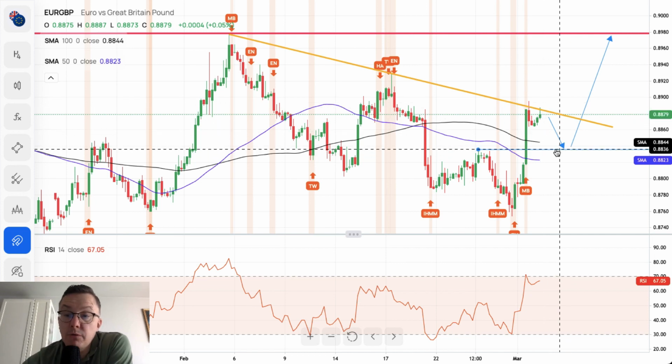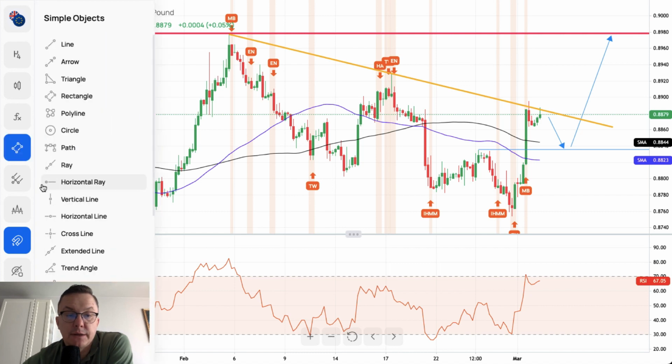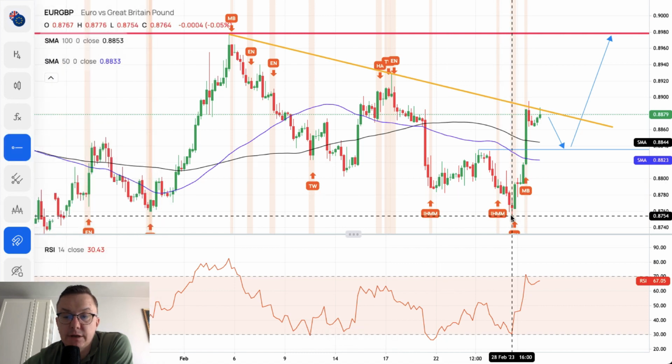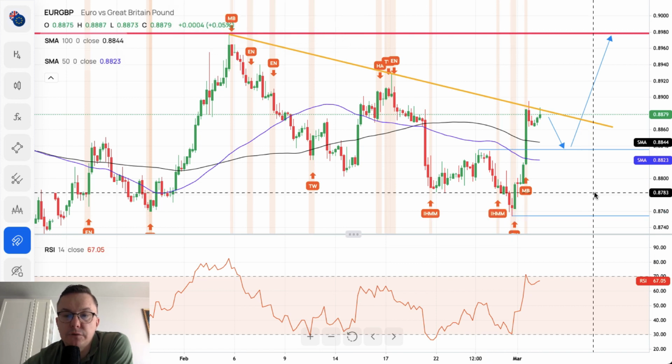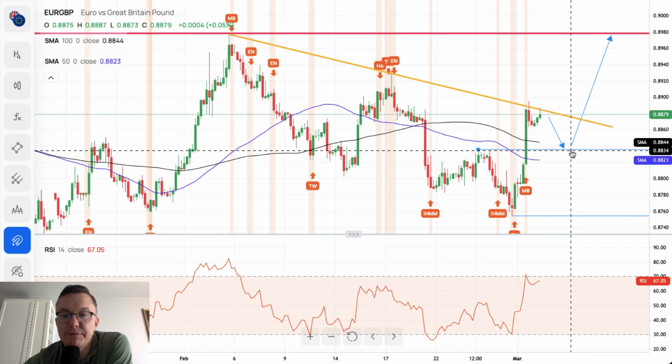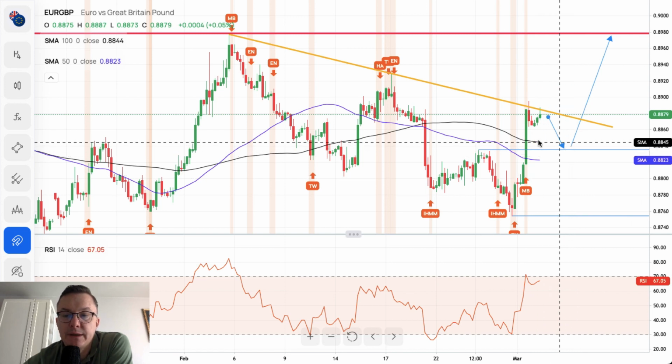Any breakout below this level would likely give us another downside movement towards the lows of 8,754.